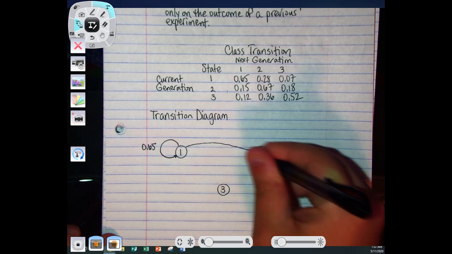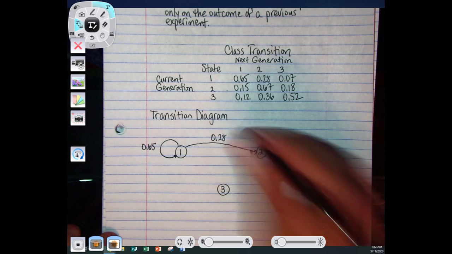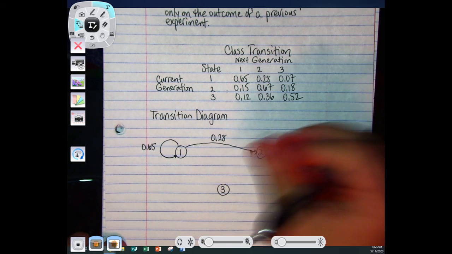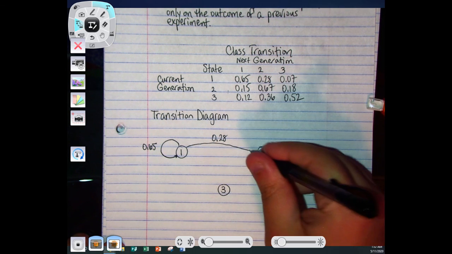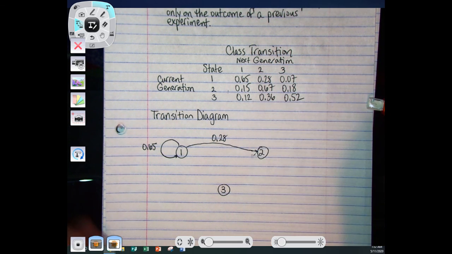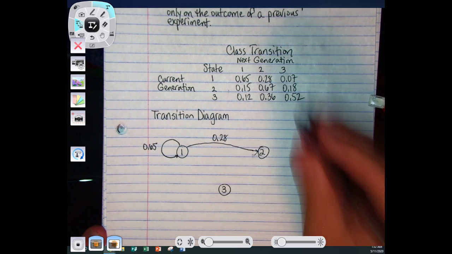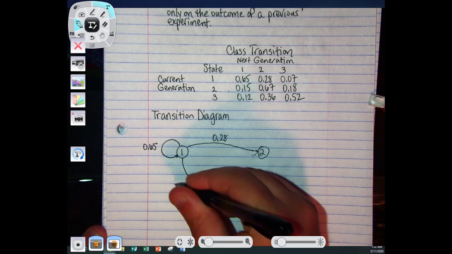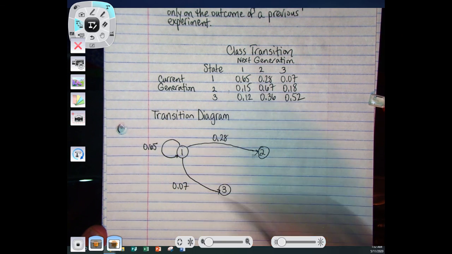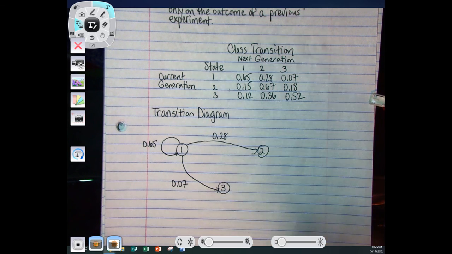So we would do something like this, and we would sketch in 0.28. And we would do that for the rest of the diagram. Again, to go from state 1 to state 3, it's 0.07, so we would sketch an arrow like this, and we would write 0.07. And then we would repeat the process for the other two.